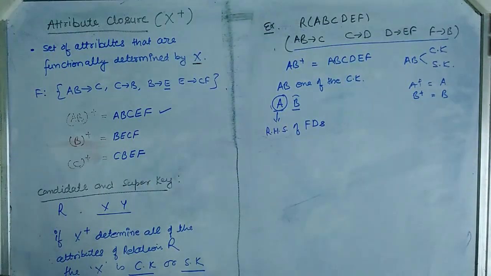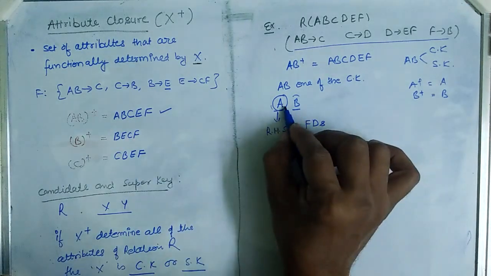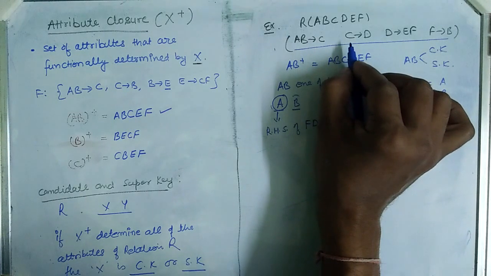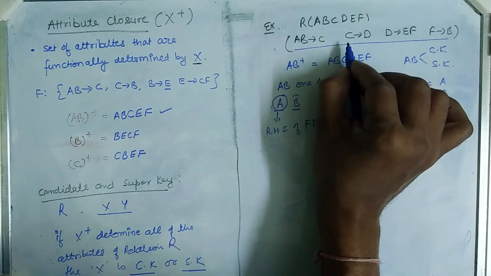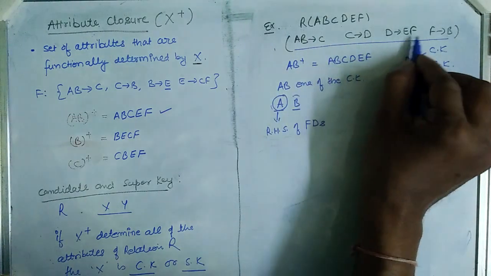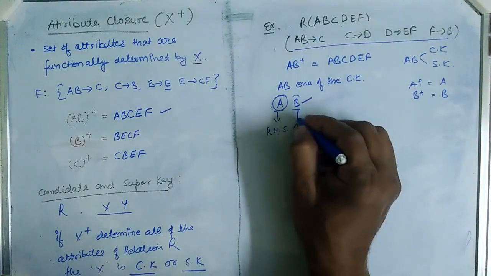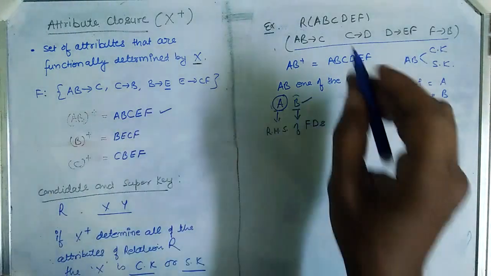So let's look for A in the RHS part of the functional dependencies. A is nowhere in the RHS. Then look for B in the RHS part of the functional dependencies.